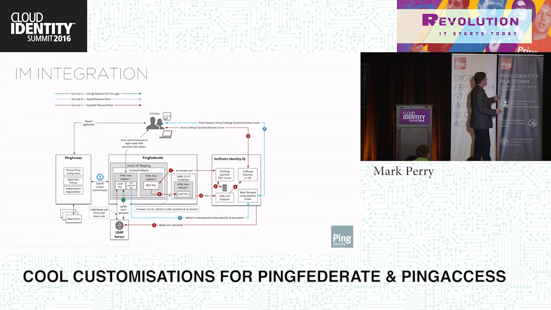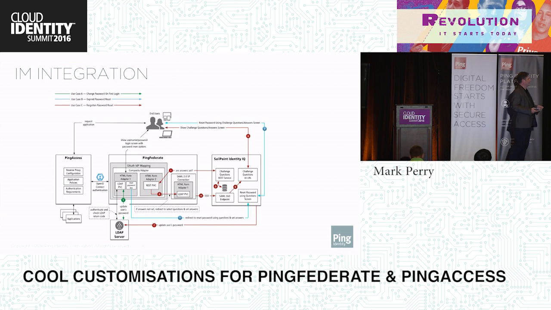So in terms of how this looks for the different flows, the user's coming in through PingAccess in this case. We're gating all access to the different web properties through PingAccess, and that will redirect to PingFederate to authenticate the user the first time. Now we've got the usual HTML form adapter, which was authenticating the end user against LDAP.